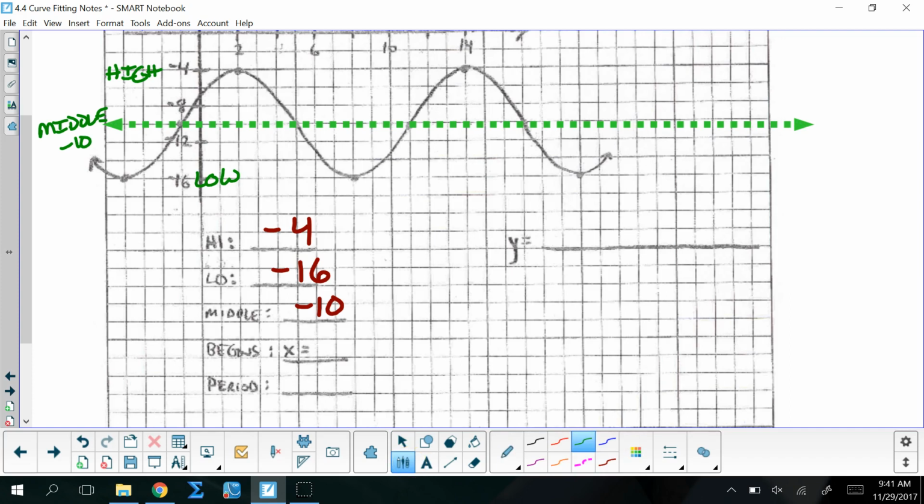Add these two together. -4 plus -16 gets me -20 divided by 2. The average of the high and the low. Okay, which makes then what as my amplitude? 6.